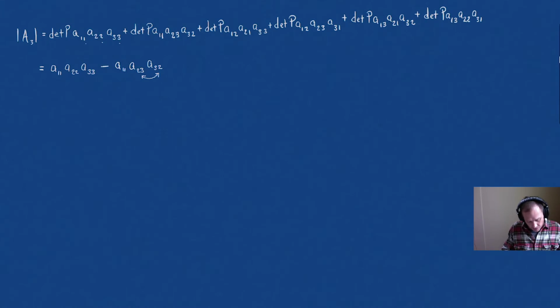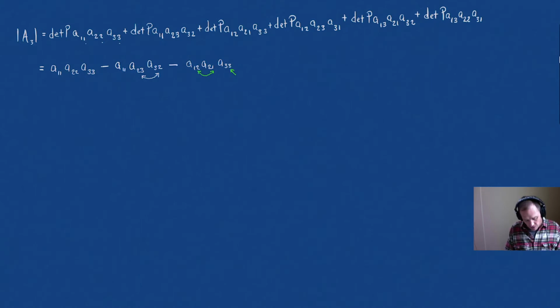Now this next one says, I'm going to write it again, A12, A21, A33. Well, if you're looking at the column indices, here the third column is in the correct position. It's the second and first columns that need to be switched. So that's one row exchange, which means the determinant of P will be changed by -1.